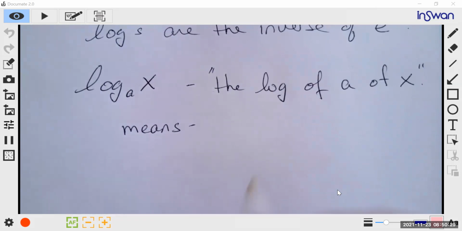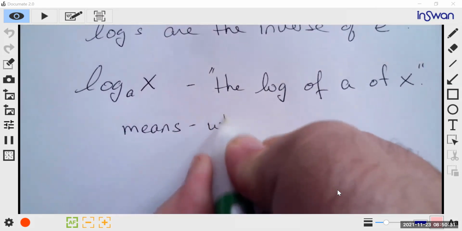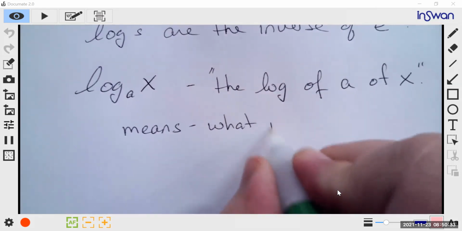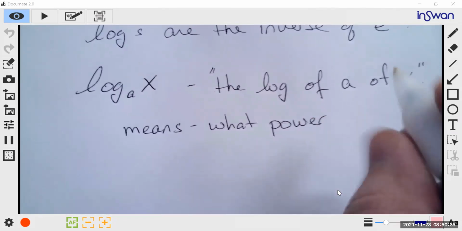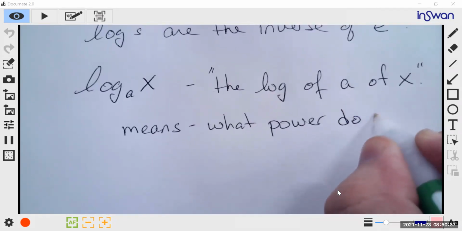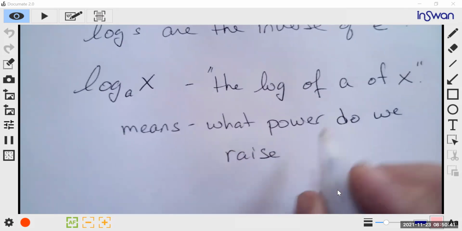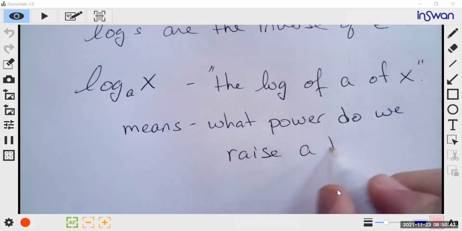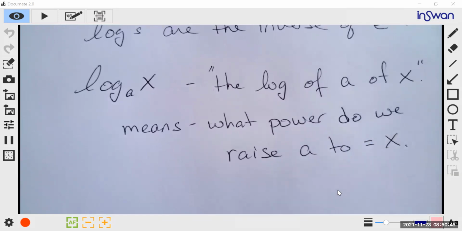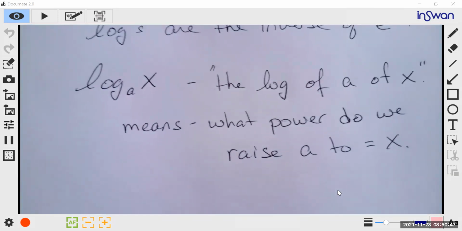This is what it's asking: what power do we raise a to, to equal x? That's what it means.